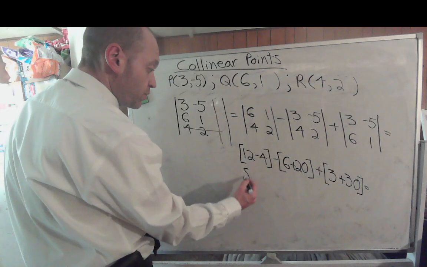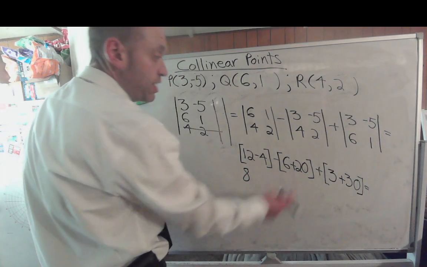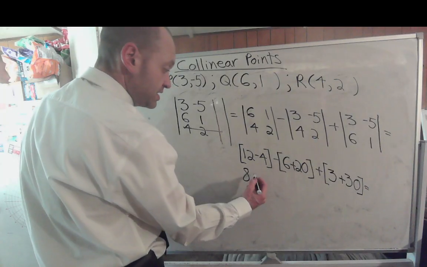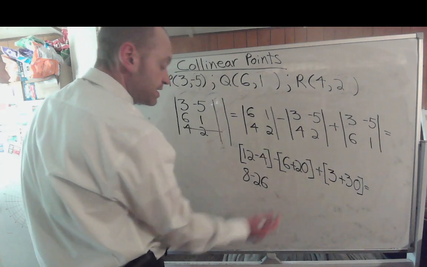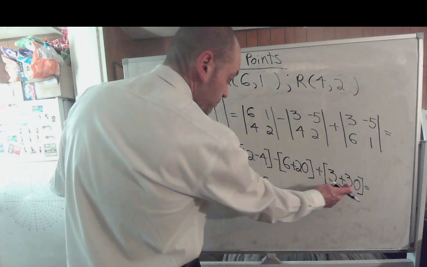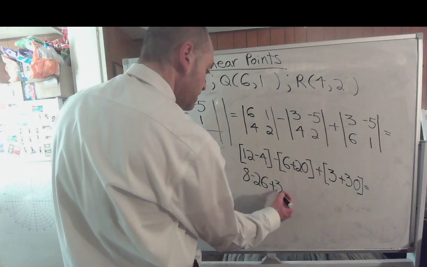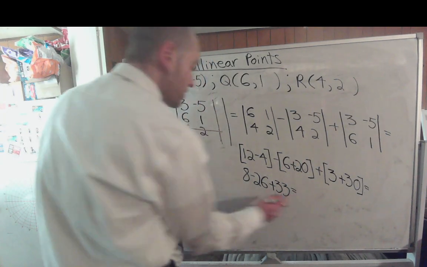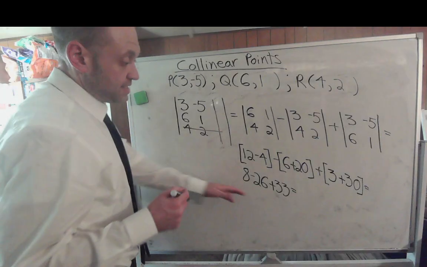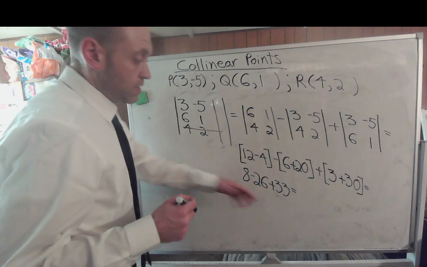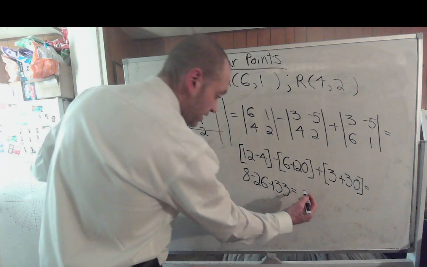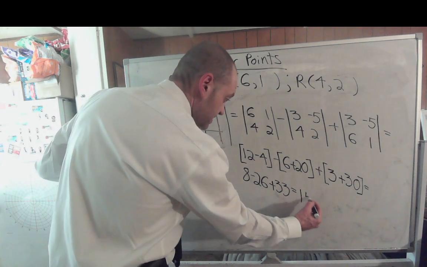Let's see what we get when we simplify. 12 minus 4 is 8. Inside the brackets, 6 plus 20 is 26, so 8 minus 26. And then 3 plus 30 is going to be plus 33. So 8 minus 26 is negative 18. Plus 33 is going to end up being 15.